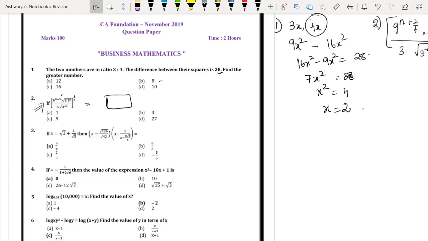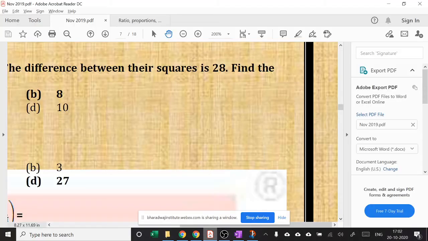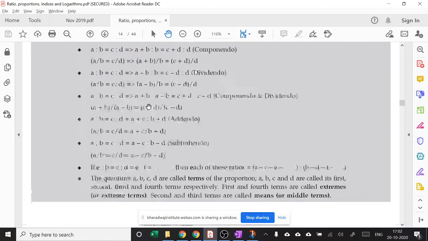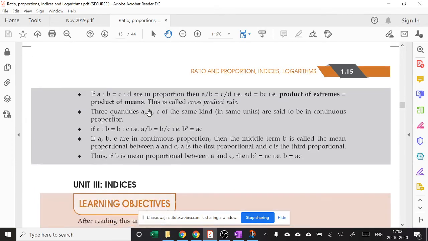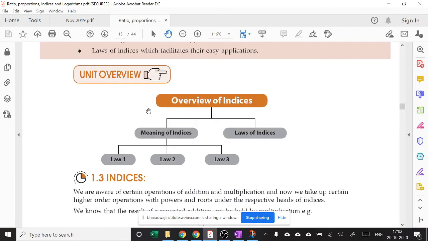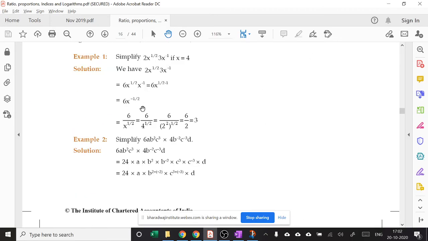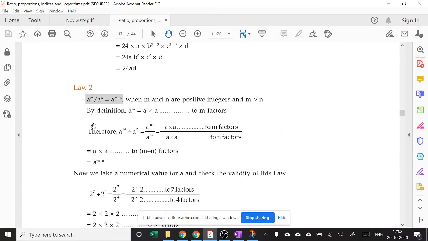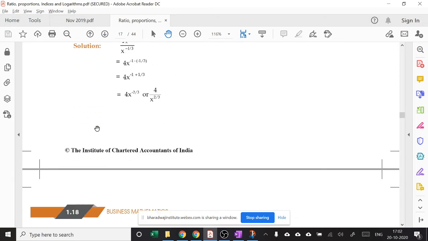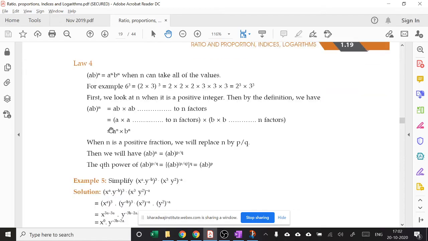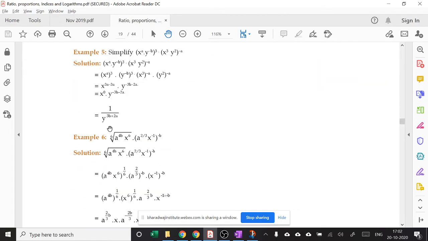Anyway, I will try to find out what it should be equal to, and then we will solve it. For now, we will just look at certain other questions from your textbook. I'll give you some question from your textbook.